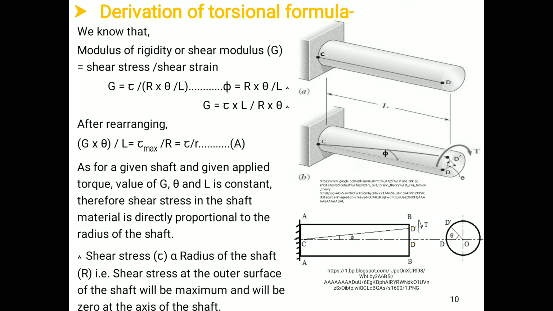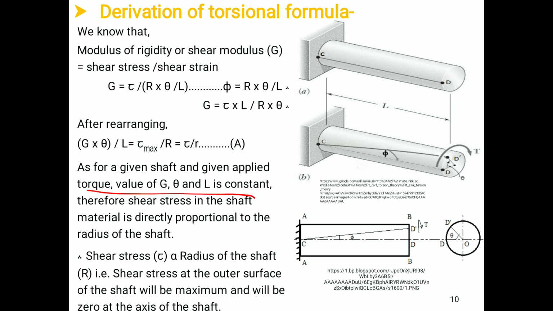Therefore, generally you have seen that whatever shaft we are using in the axle of a vehicle, in the shaft of a fan or in a motor, we are using a hollow circular section. Using a solid shaft will be a wastage of material. So from the economical point of view, we are using a hollow circular shaft.